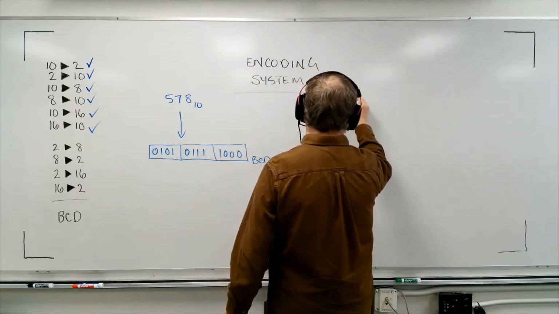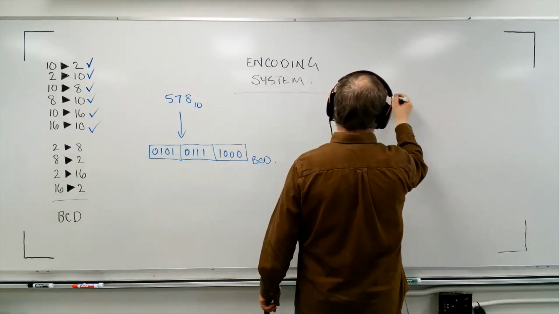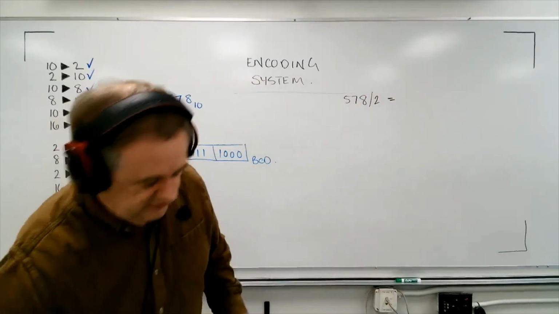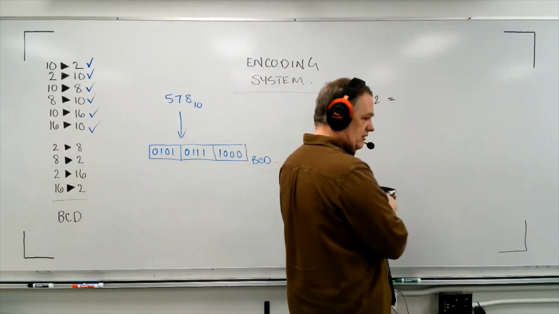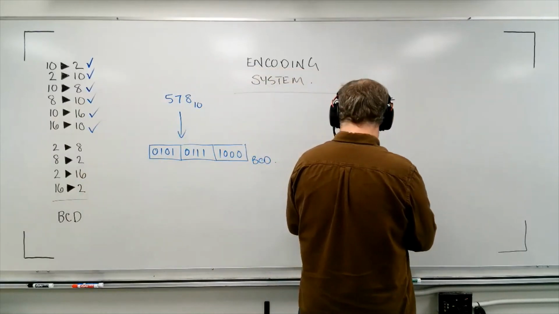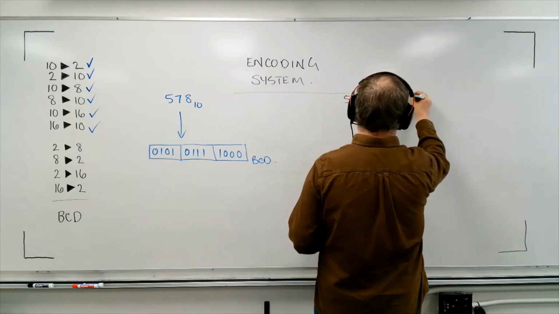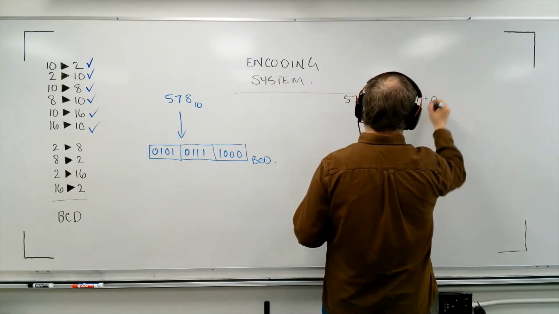I'm going to go 578 divided by 2, and I'm going to grab my calculator just to make sure I get this right. 578 divided by 2 equals 289, and it actually equals 289 evenly, so that's plus 0.